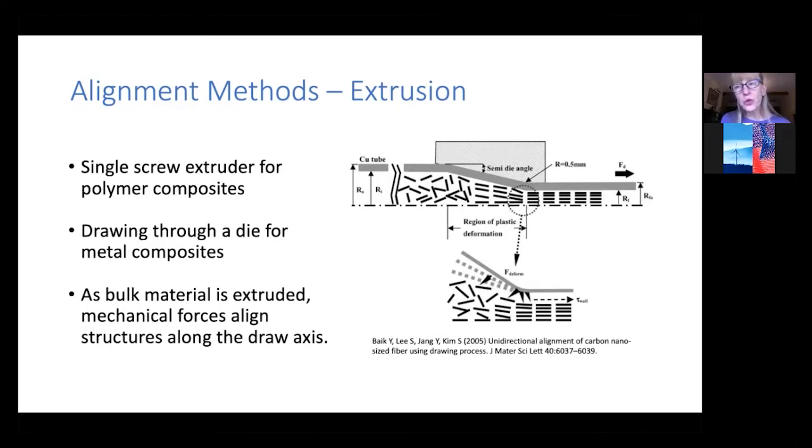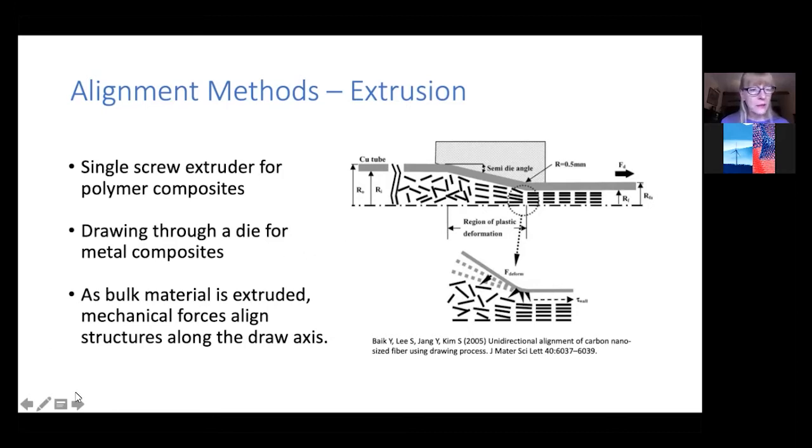The small scale structures need to have sufficient aspect ratio, but here you're seeing the carbon nano-sized fiber as it's going through the die, the restriction, and some degree of alignment is achieved. The more draws you do, typically the better the alignment will be.